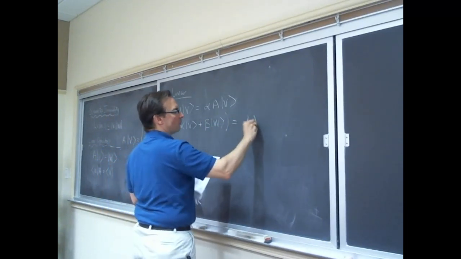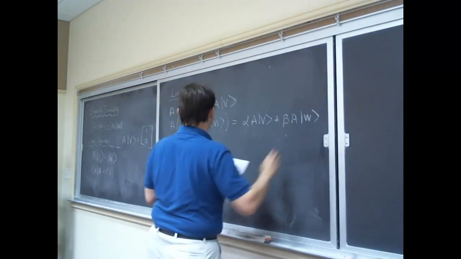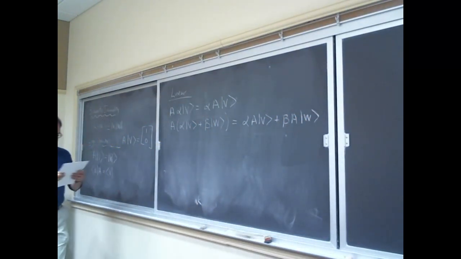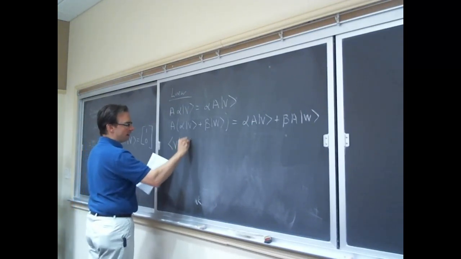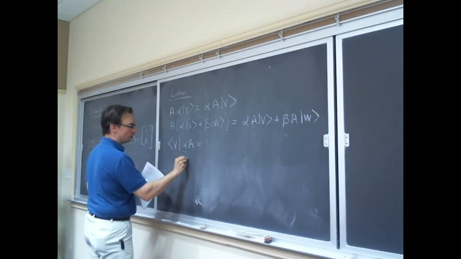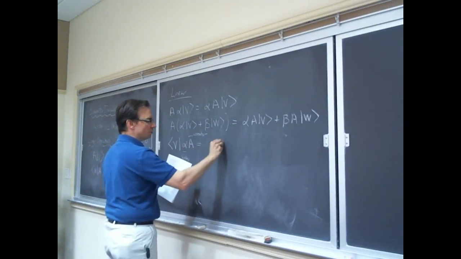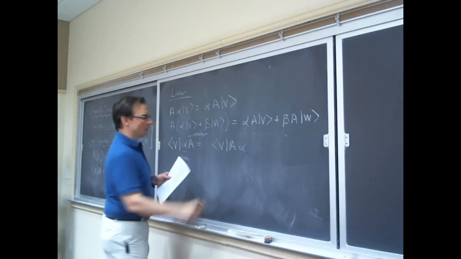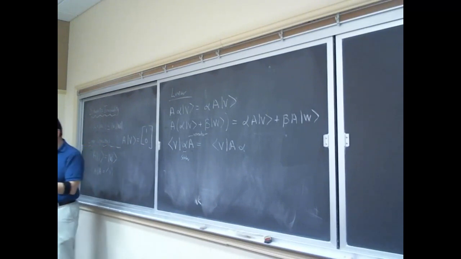So this just becomes alpha A ket V plus beta A ket W. That's another requirement of being linear. And then exactly the same rules, but applied for bras instead of kets. Okay, so for instance, if you have bra V times the product of a scalar alpha and an operator A, then this is just equal to bra V A alpha. Okay, and then similarly, you can repeat this rule for the bras down here.